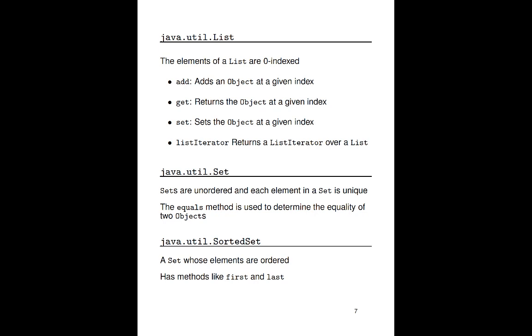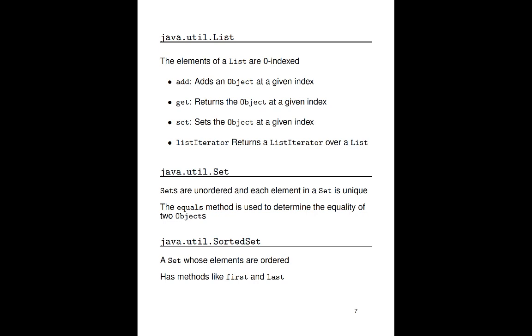If you want more specific and refined behavior out of your collection, you can use one of the sub-interfaces of collection, like list. A list is a collection that is indexed. Every element in that collection has an index, a number associated with it, starting with 0. The list interface will overload the add method to add an object at a given index.